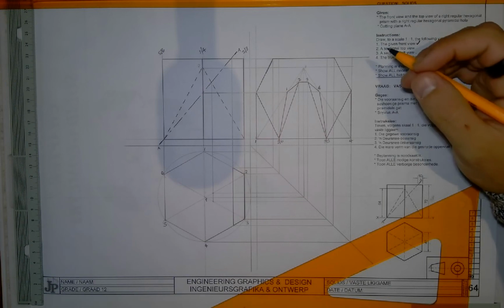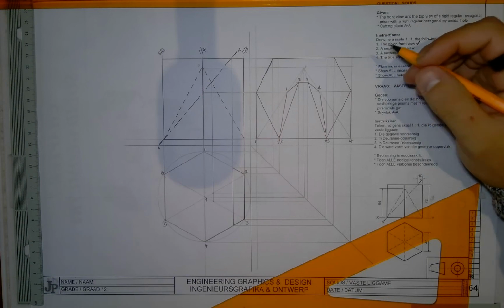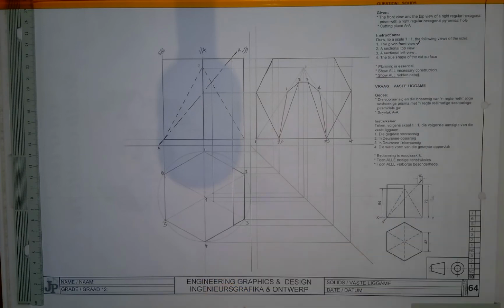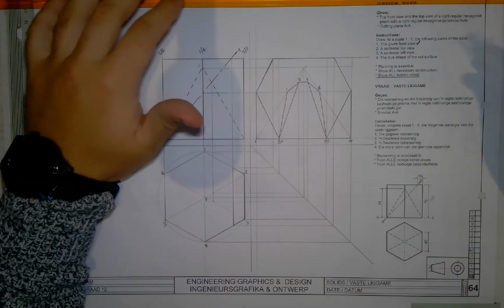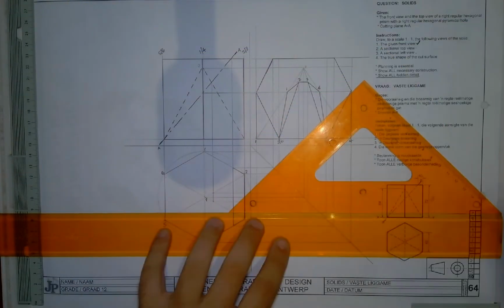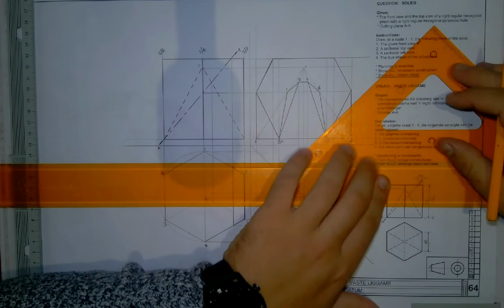Now, because we have cut this drawing, we have to do what, Ada? Because we have cut this drawing now, what do we have to put in? Hatching, section lines.